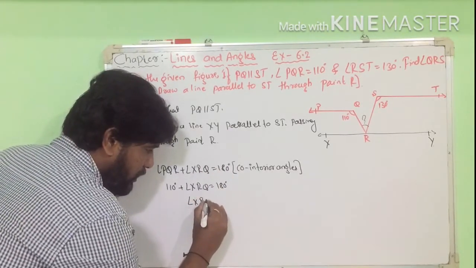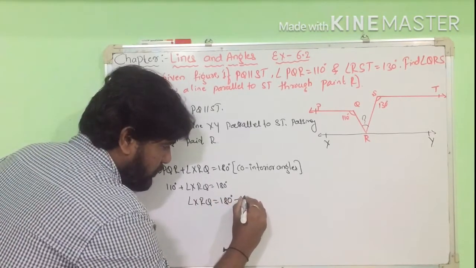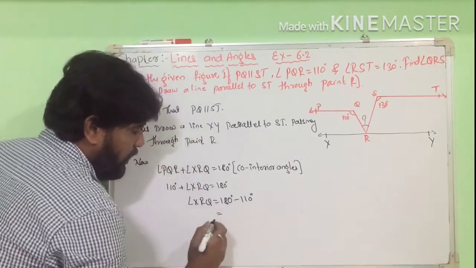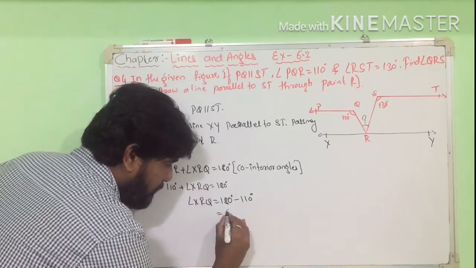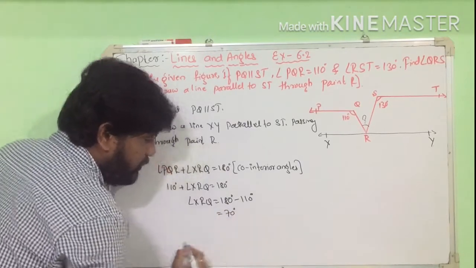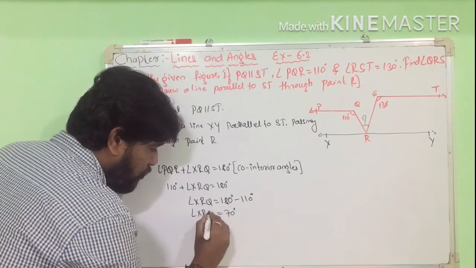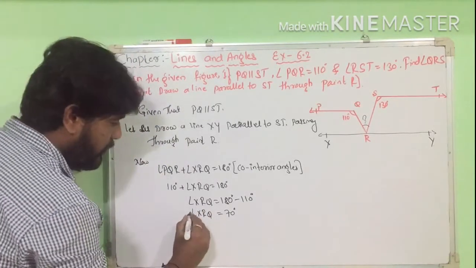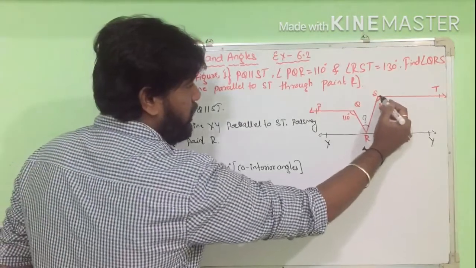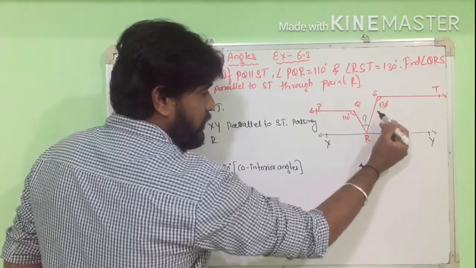Angle XRQ is equal to 180 minus 110. So we got 70, right? Angle XRQ is 70.